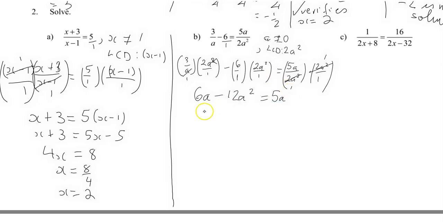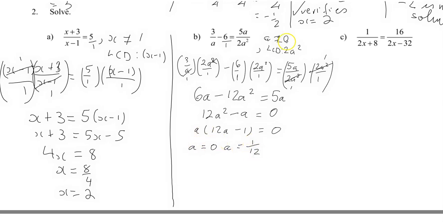So if we move this over, we'll get positive 12a squared, and we move this over, minus a is equal to 0. Factor out the a, and then say a is equal to 0, and say a is equal to 1/12.